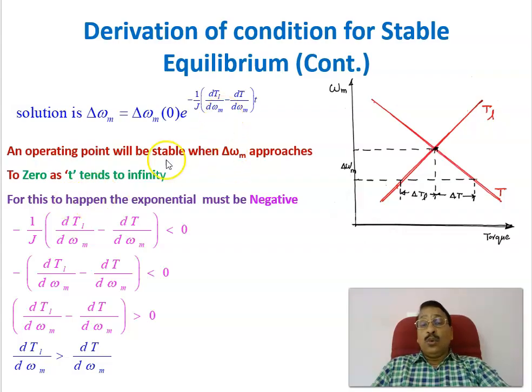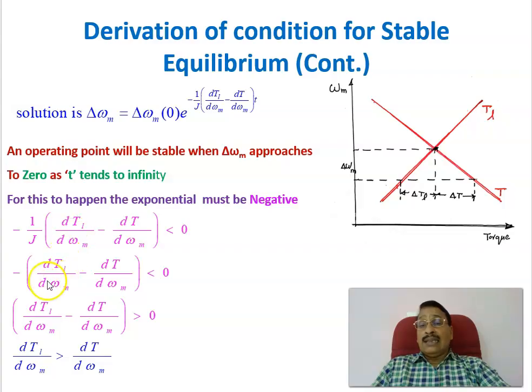For this to happen, this term, minus 1 by J into (dTL by d omega m minus dT by d omega m), should be less than 0. This is the condition. Only then will it settle into a stable case, that is, the operating point will be stable.